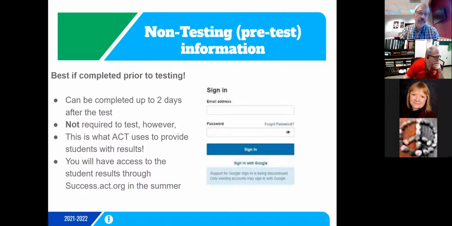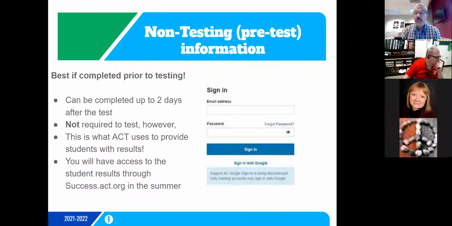Bottom line is, if you can't catch up with a student and they show up for test day, please go ahead and test them. It is not required, in order to take the test, that they sign in to My ACT. However, this is the way that ACT is going to provide the students with test results. This is where they're going to get things emailed to them, and they'll have a place they can log in to look at these results.